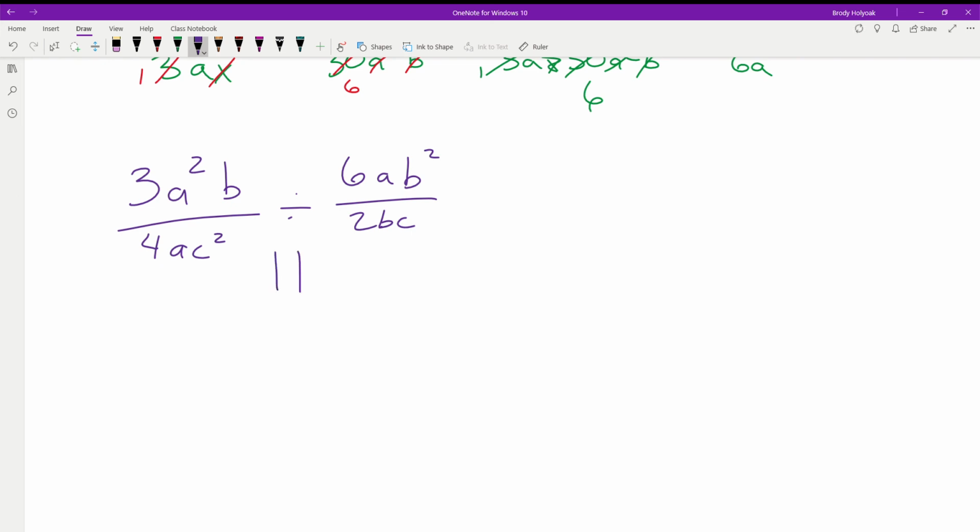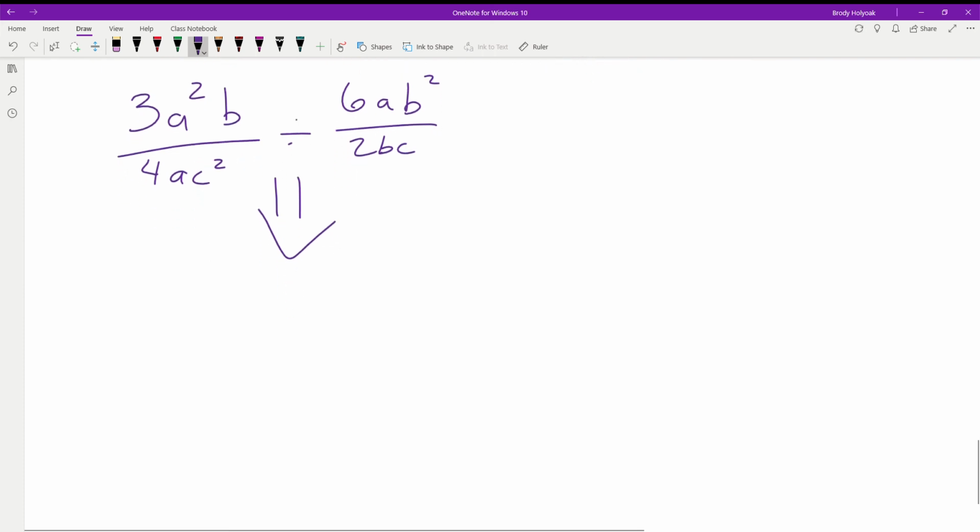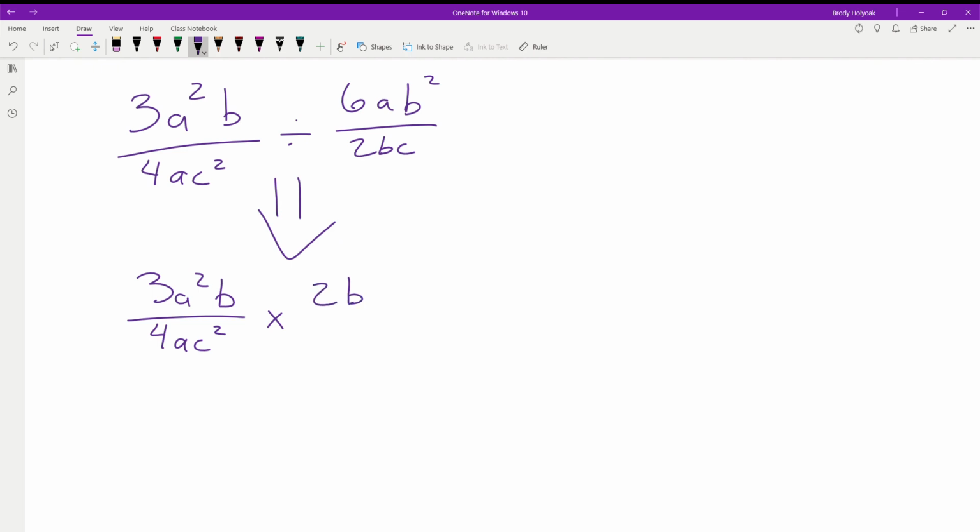So this guy will convert into 3a squared times b over 4ac squared times 2bc over 6ab squared.